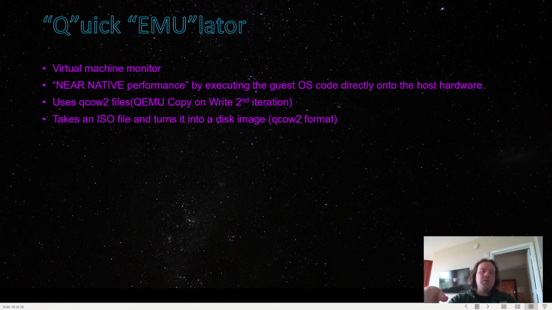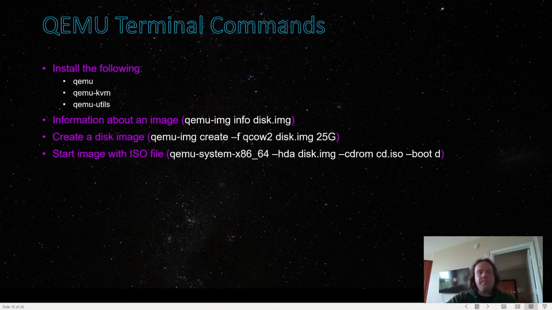But instead, you don't have a CD drive to mount it onto your virtual instance, because you're not mounting it to a machine. You're mounting it to a virtual machine. So it creates a virtual disk drive from that ISO file, and then uses that ISO file to burn the disk image into the QCOW2 image file. Here are your QEMU commands, and this is where we're going to start talking about QEMU in a little more detail.